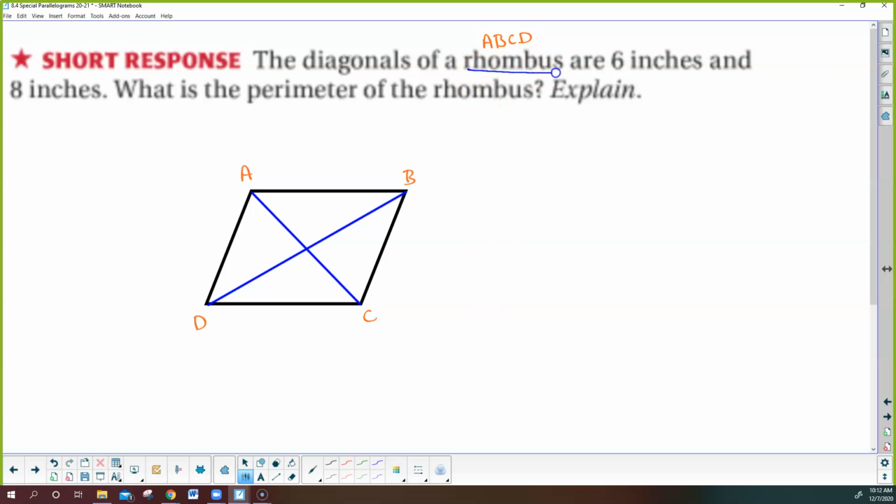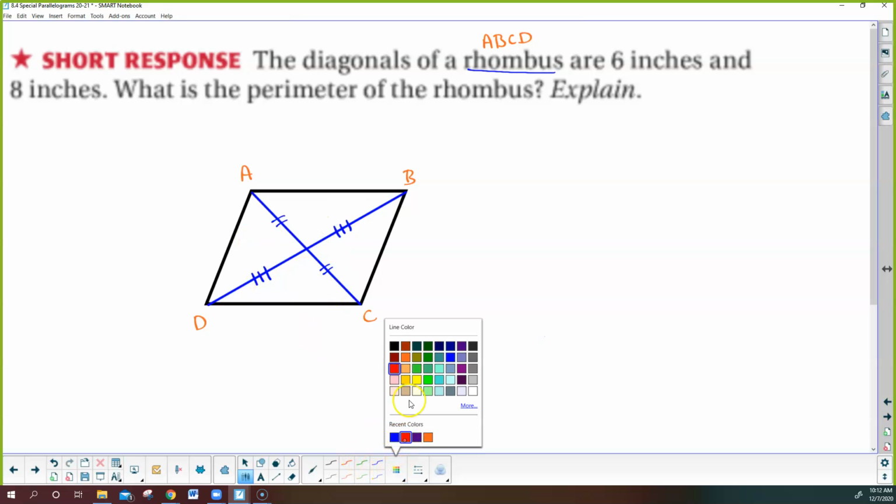I see that it's a rhombus. If it's a rhombus, it's a parallelogram, so that means diagonals bisect each other. But it's a rhombus, which means they bisect each other in a special way, at 90 degrees, or perpendicular.